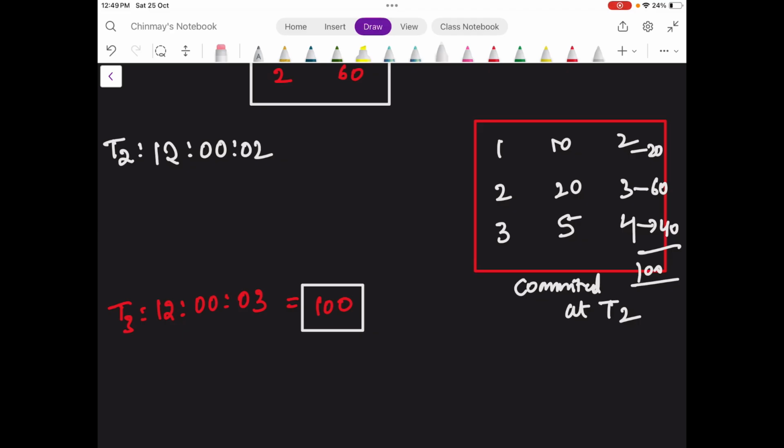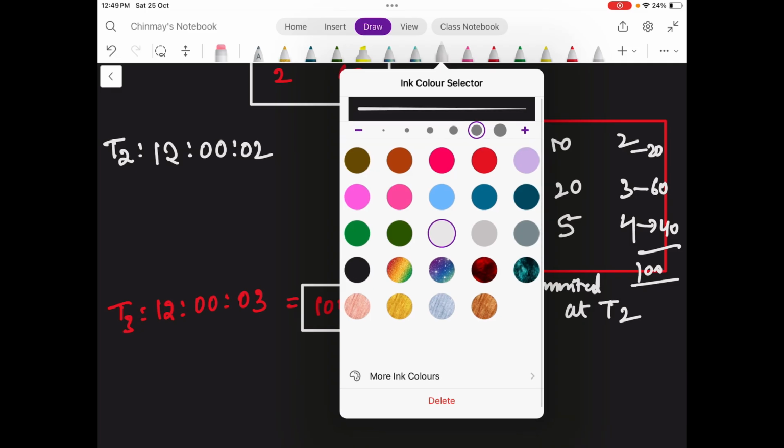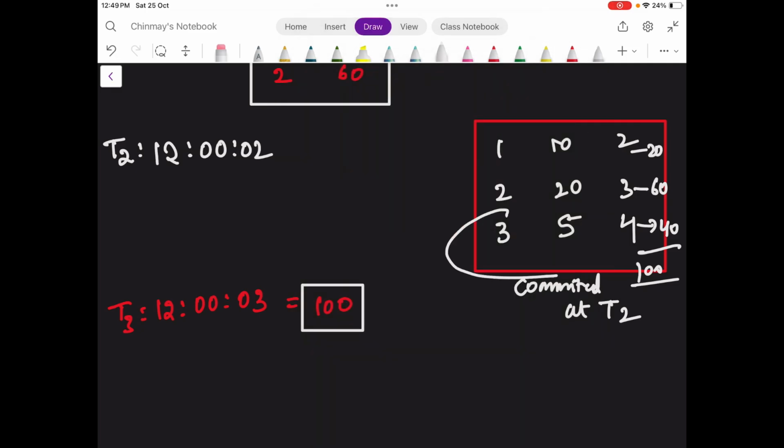What happened here? There is a problem with insertion. It is not a non-repeatable read problem. It is a phantom read problem, because here not an update but an insert statement happened.